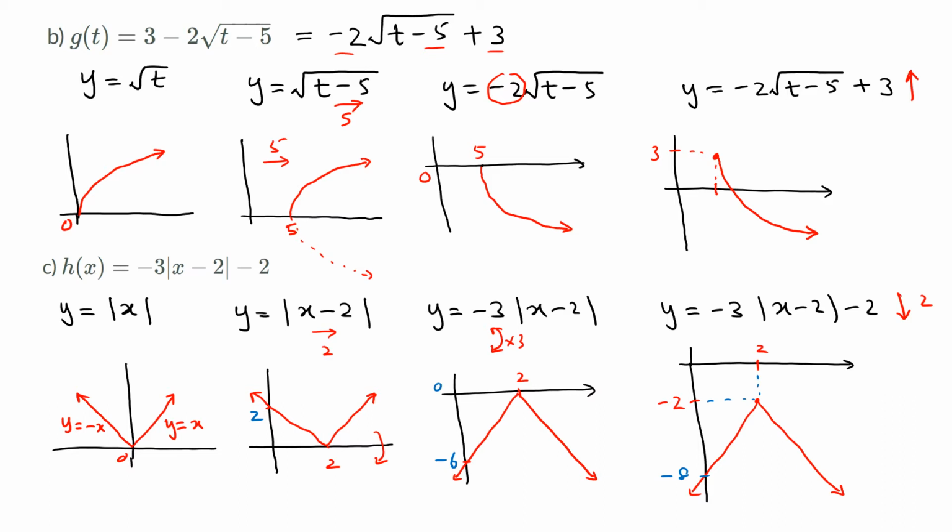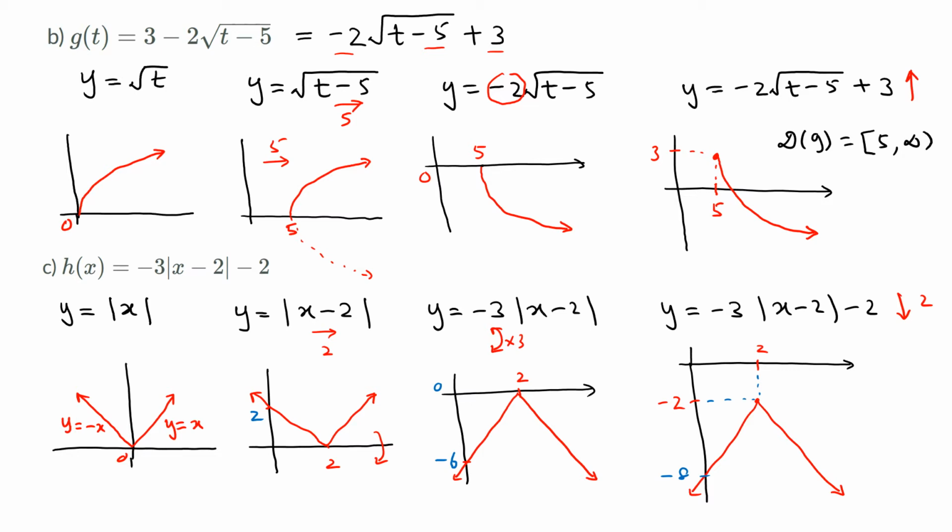So let's write the domain of the previous function, and you can see the domain of the previous function was, so this is 5, and you can see 5 and more. So the domain of this is the domain of G, which is 5 and up. So you can see 5 including. And the range, so what happened to the range?